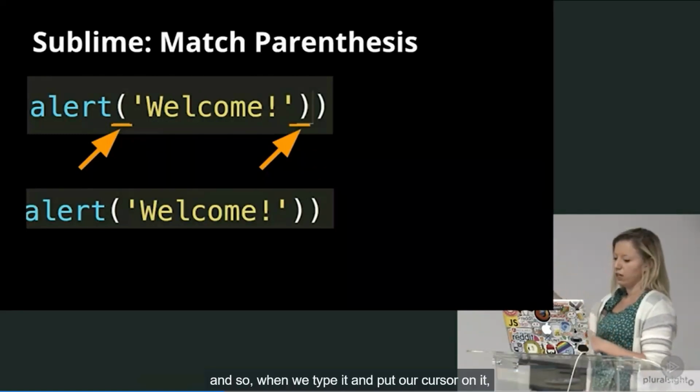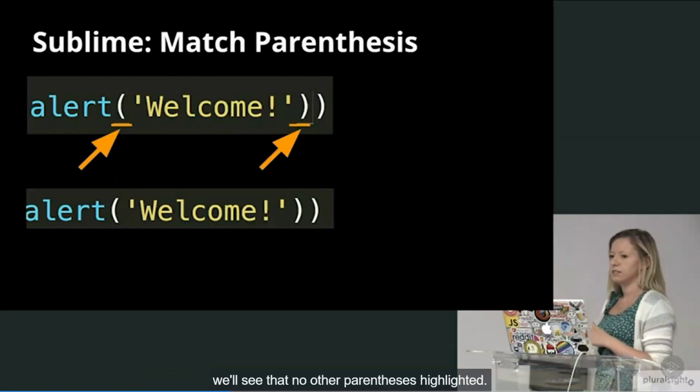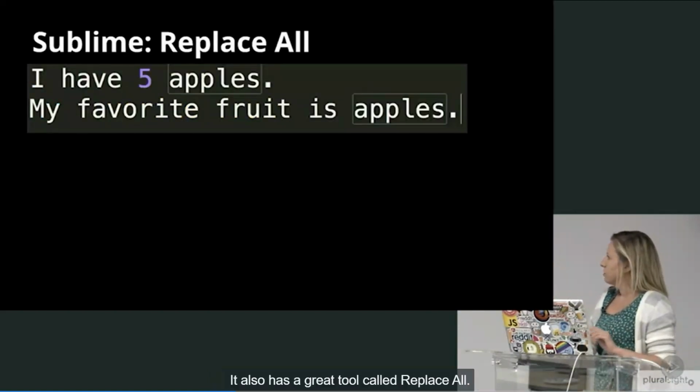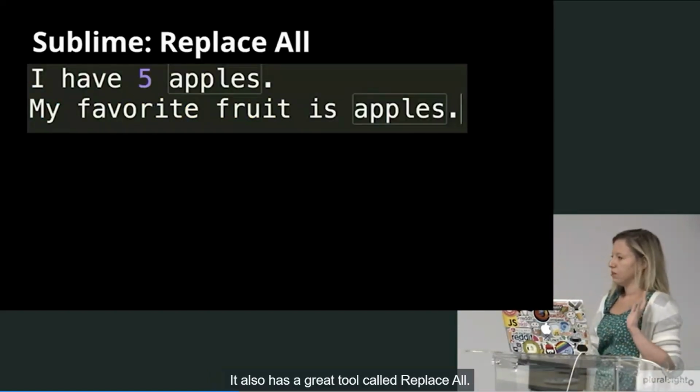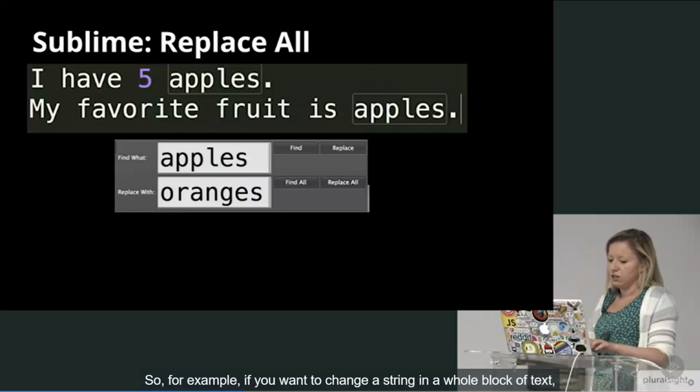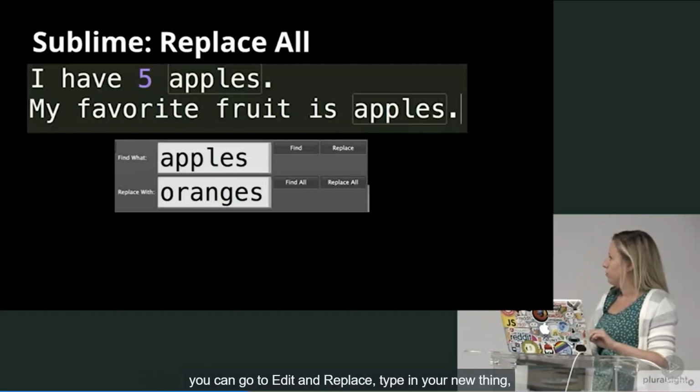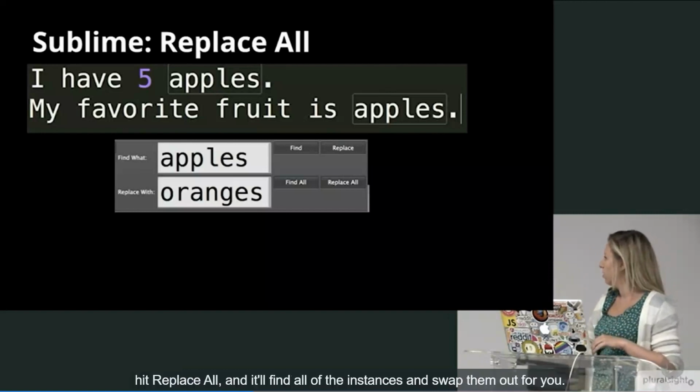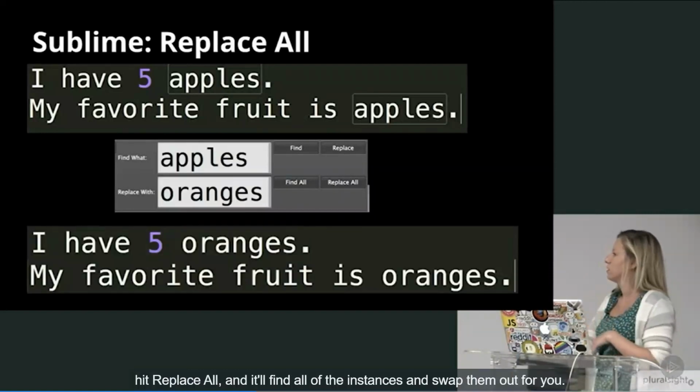And so when we type it and put our cursor on it, we'll see that no other parenthesis is highlighted. It also has a great tool called Replace All. So for example, if you want to change a string in a whole block of text, you can go to Edit and Replace, type in your new thing, hit Replace All, and it'll find all of the instances and swap them out for you.